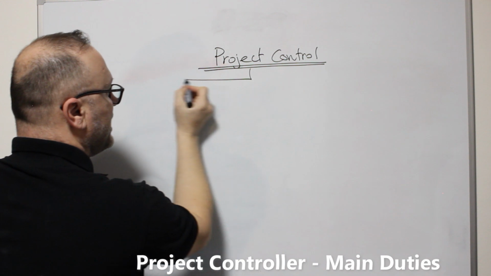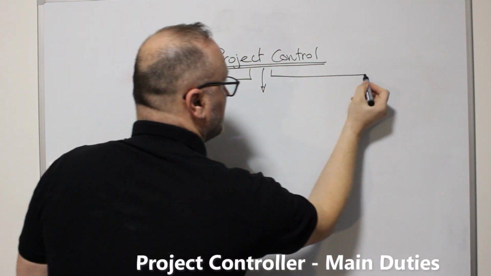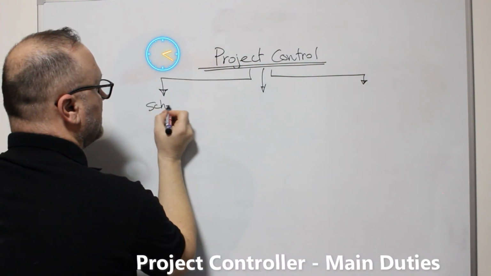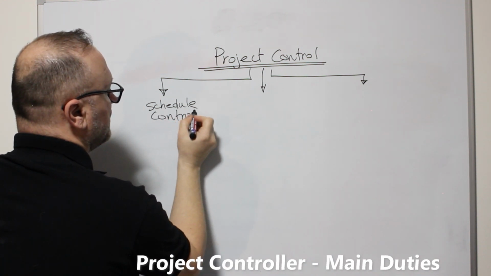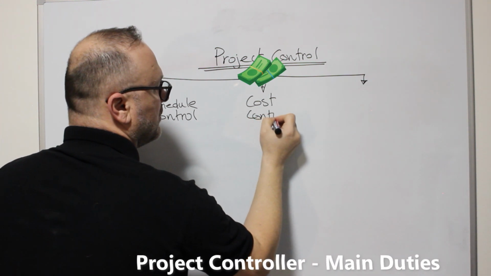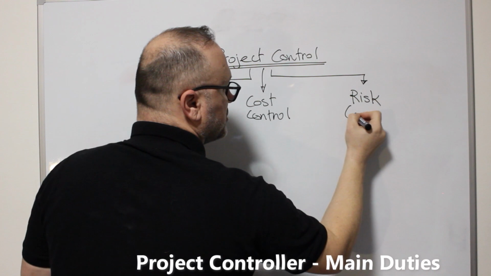The main 3 activities for the project controller are the schedule control, the cost control, and risk control.